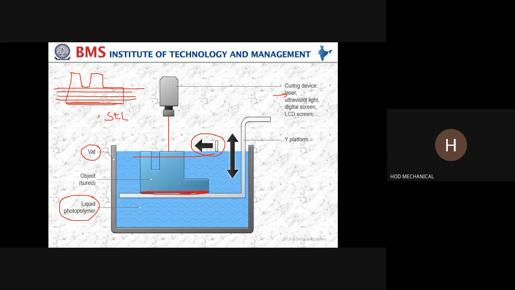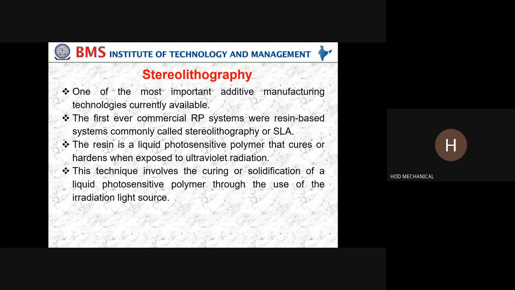Now again, stereolithography, I am just explaining still further. The technique we are going to use is called stereolithography. Remember, this is the first of the rapid prototyping techniques which has come into existence. The first additive manufacturing was developed using stereolithography.